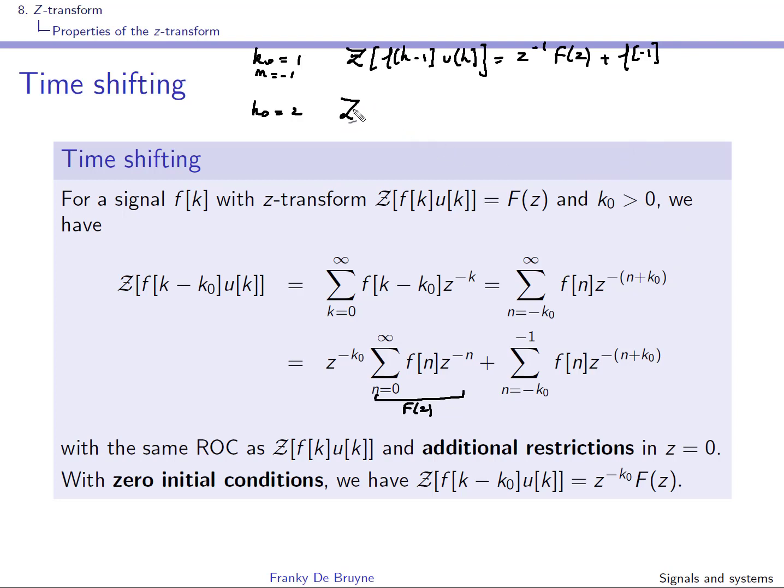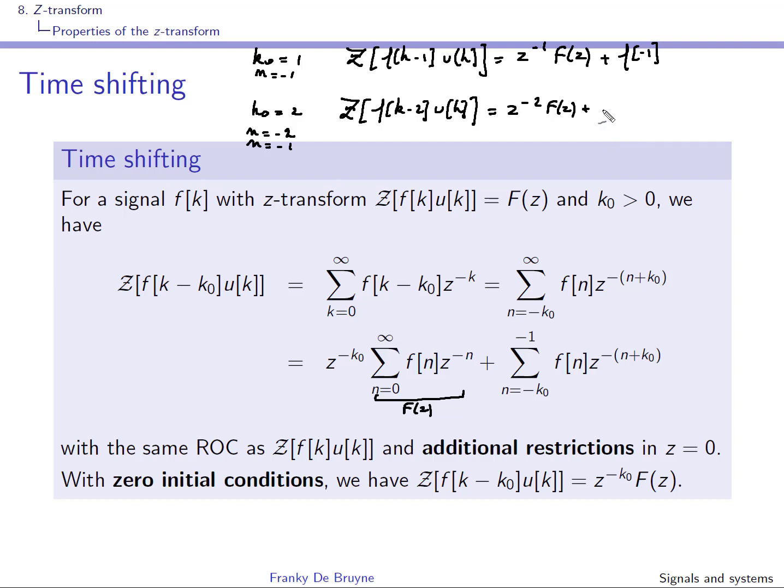So let's do this for a time shift of 2 indices to the right. So here it will be z to the minus 2, f of z. So here there will be in this sum two terms. There will be the term corresponding to n equal to -2, and the term corresponding to -1. Let's start with the one that corresponds to -1.